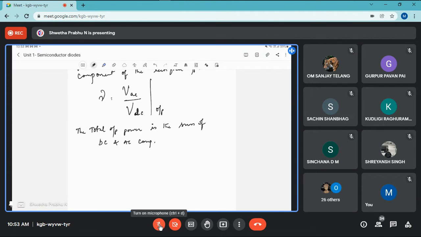So I shall measure everything with respect to V. That is why I'll consider the total RMS value of voltage, equated to the DC value of voltage and the AC value of voltage.